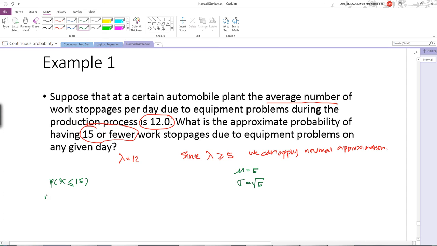So we want to find the probability of x less than or equal to 15. The first step is we apply correction of continuity. So the probability of x less than or equal to 15, plus or minus 0.5? Is it plus 0.5 or minus 0.5? I showed this many times already.